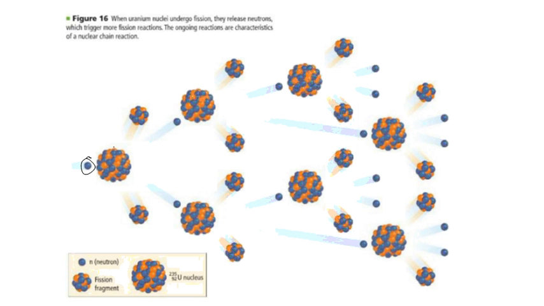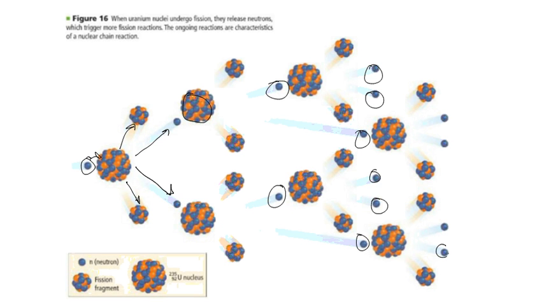Neutron hits, makes fragments, and more neutrons. These neutrons hit radioactive particles, and we release more and more neutrons, which can hit more and more particles, which release more and more energy.